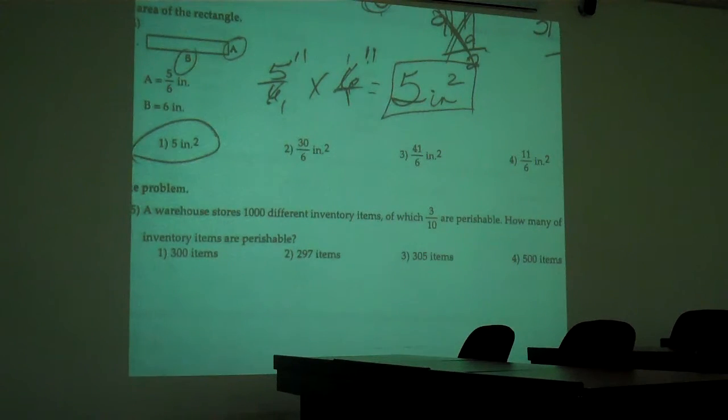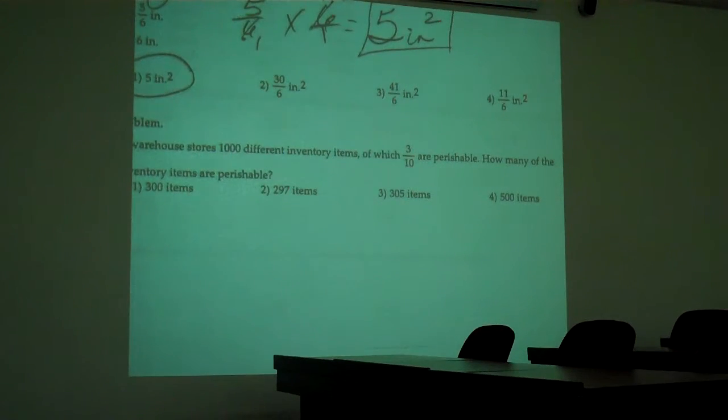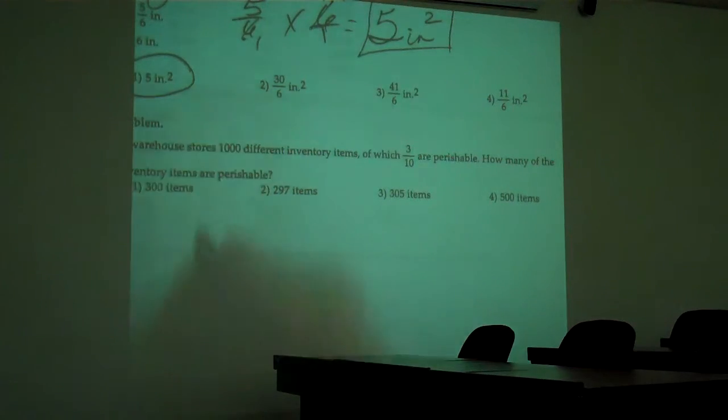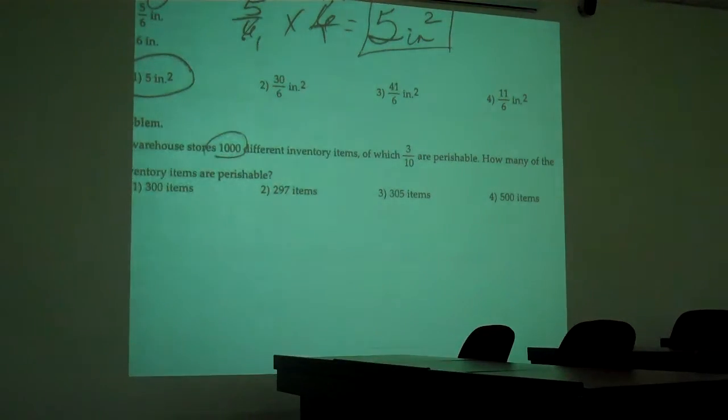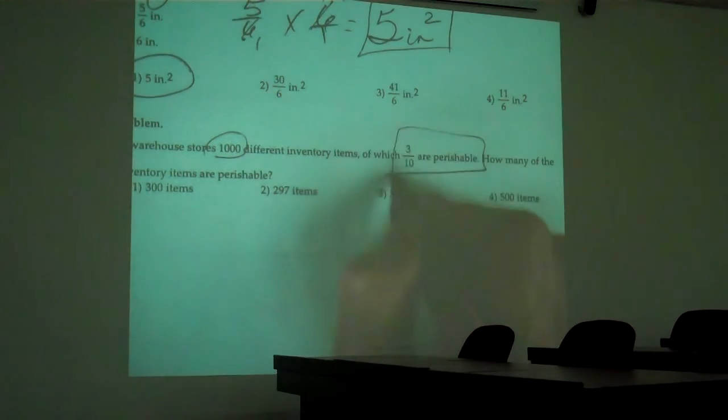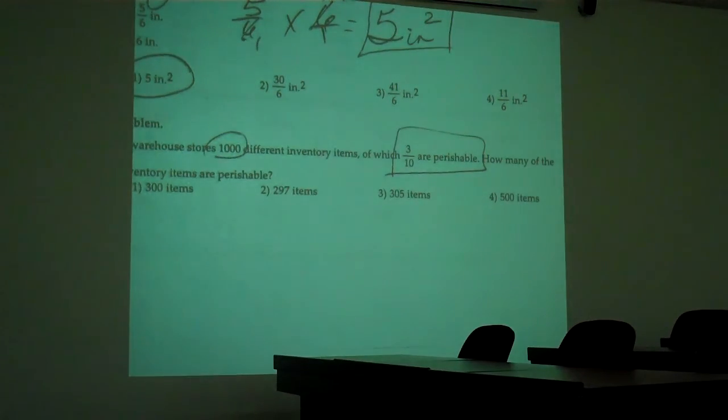Okay, solve this word problem. A warehouse stores 1,000 different inventory items, of which 3/10 are perishable. How many of the items are perishable? How do you find 3/10 of the total? Multiply.